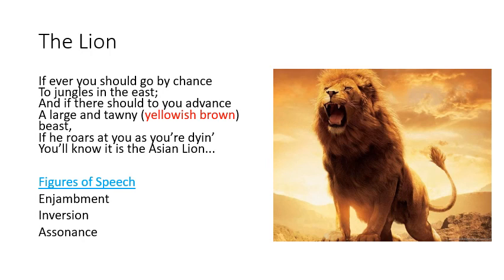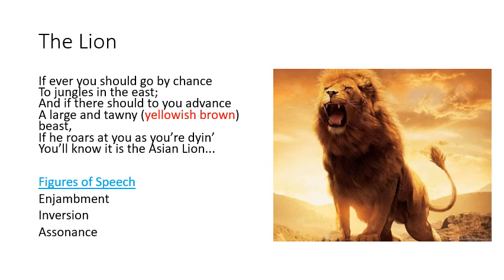She says that if you visit the jungles of the east and there you see an animal which is tawny, tawny means yellowish brown skin, and it roars so loudly that you might die out of fear, then you know that it is an Asian lion.